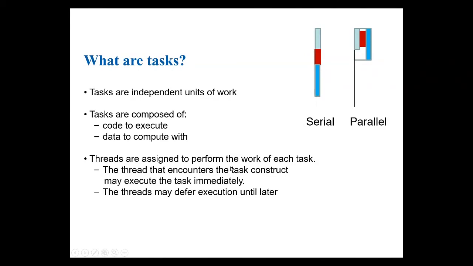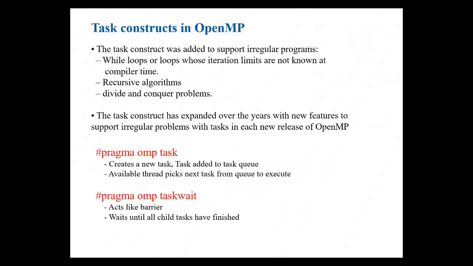The threads are assigned to perform the work of each task. The thread that encounters a task construct may execute the task immediately. That's the original idea when people tried to implement it in OpenMP. So that comes with the task constructs in OpenMP.